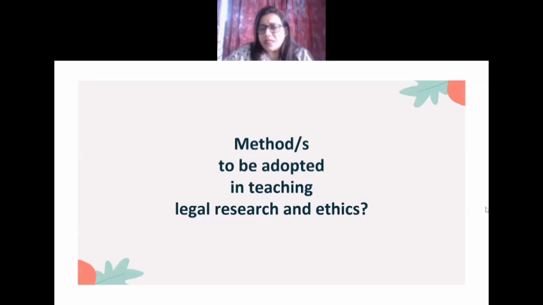Yes. So I see here a lot of methods, wherein specifically field visit is being written there. So out of the field visit, how is the data going to be collected? There we are focusing on the empirical mode of it.